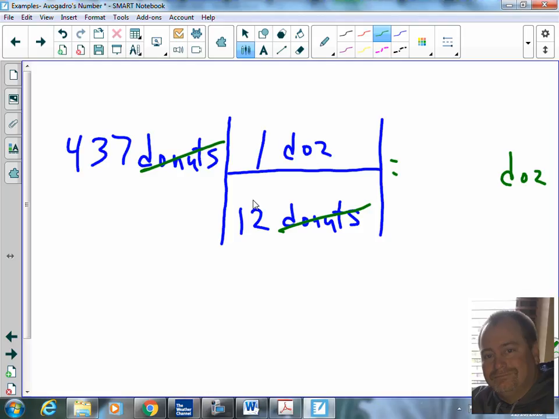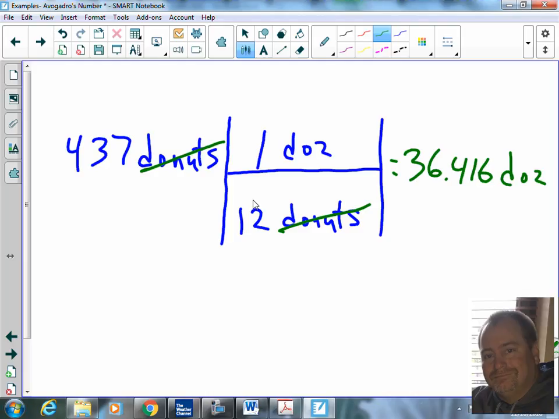And I get 36.416. Now, I don't have significant figures. In this case, I would have my sig figs be 2 because I have 12, so it would be 36 dozen. But I just wanted to show you that it's not exactly 36 dozen. Did you see how I did that?